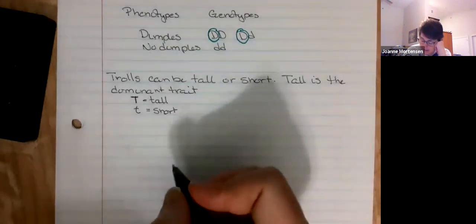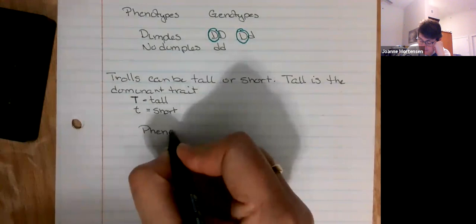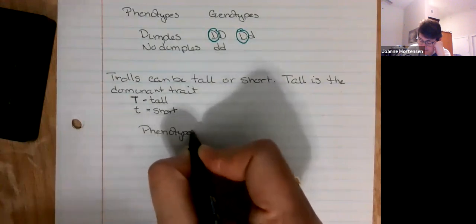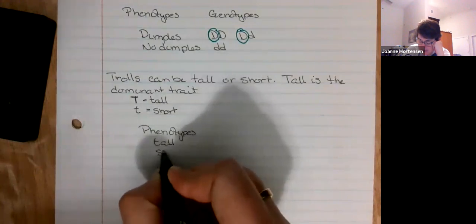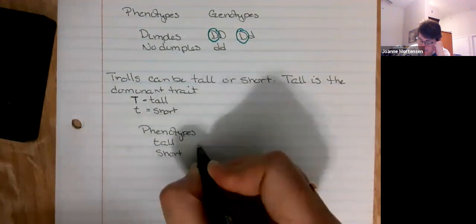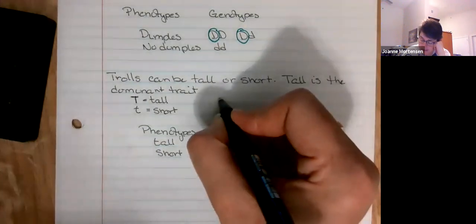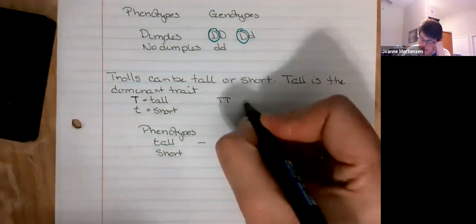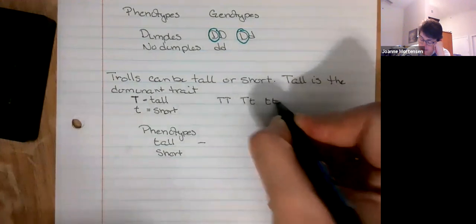Okay, so our phenotypes. Well, my trolls can be either tall or short. And the tall, well, actually, I'm going to do that over here, what I've been doing. Let's figure out those three pairs. There it is.